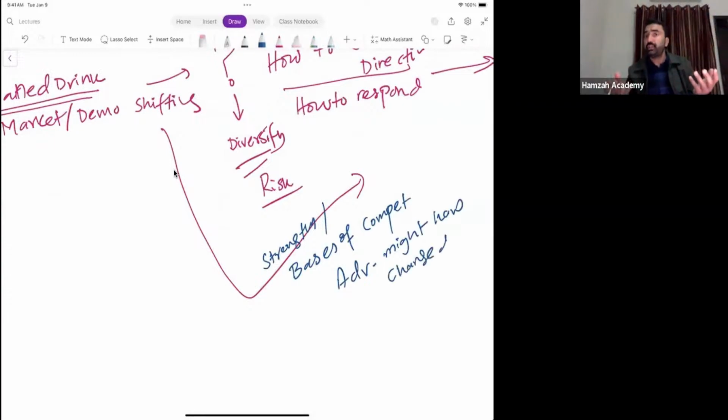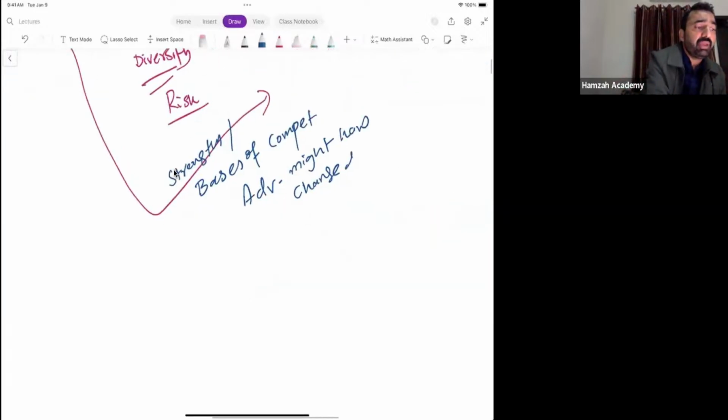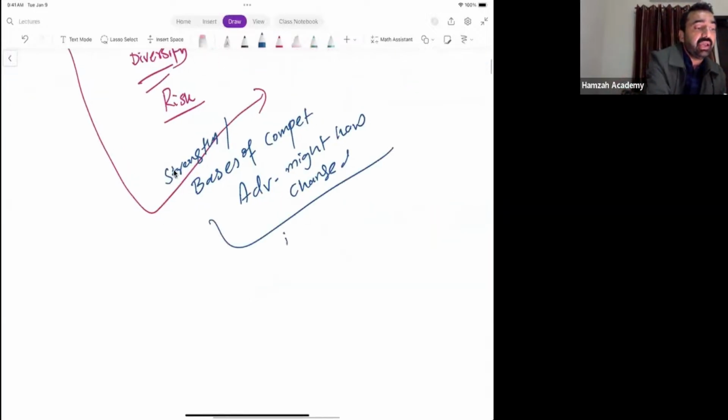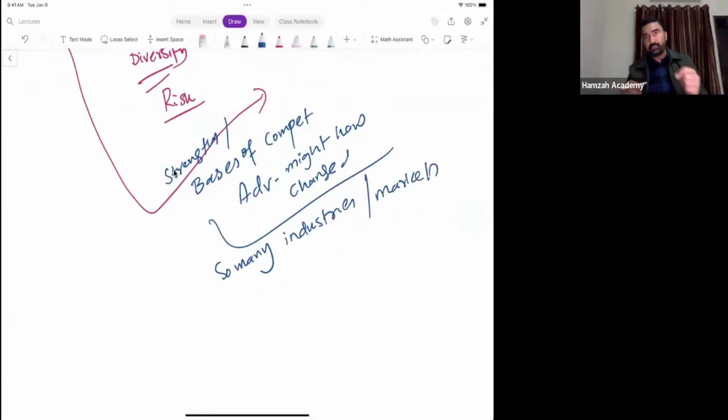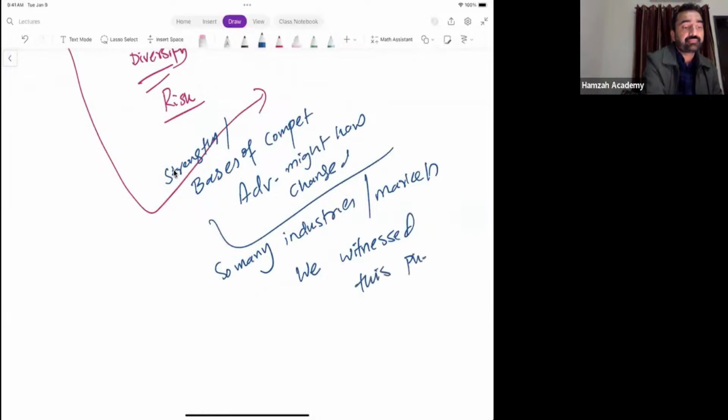And yes, we have seen this in so many industries and in so many markets. I would say in every market and every industry, this shift has already happened or it is happening.